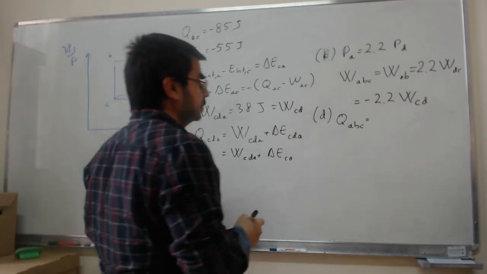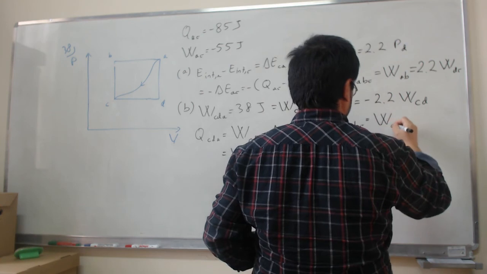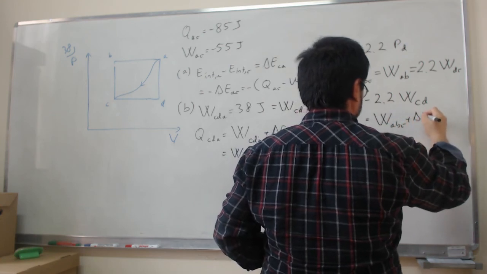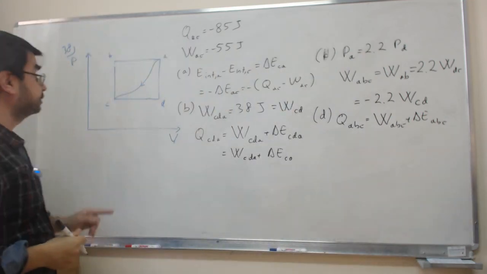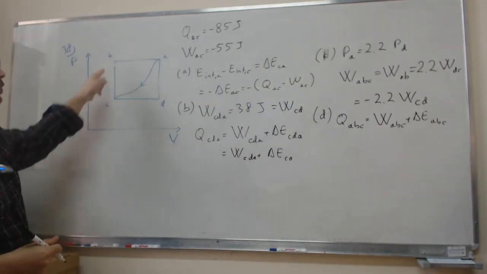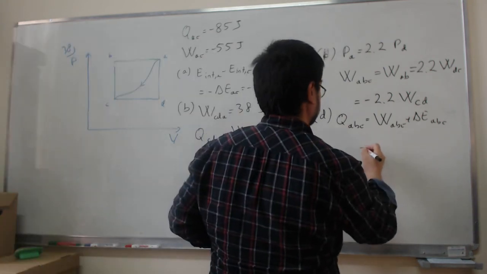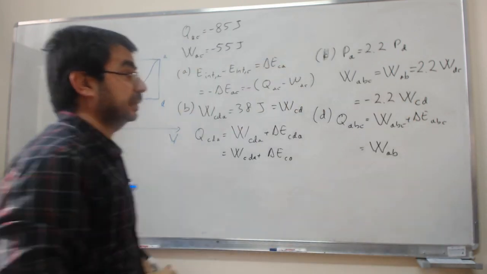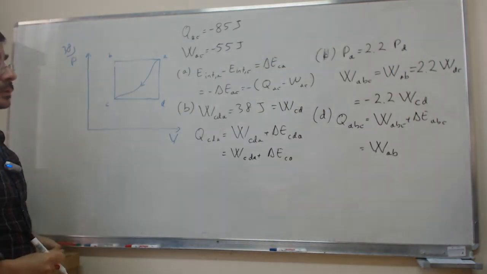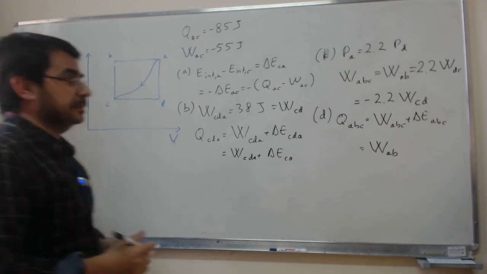Again, I'm going to write this using the first law of thermodynamics as W ABC plus delta E ABC, and this thing WABC is the work from A to B to C, which is just work from A to B, which is something we calculated over here. And this delta E ABC, because delta E internal energy is a state function, is the same as delta E AC.